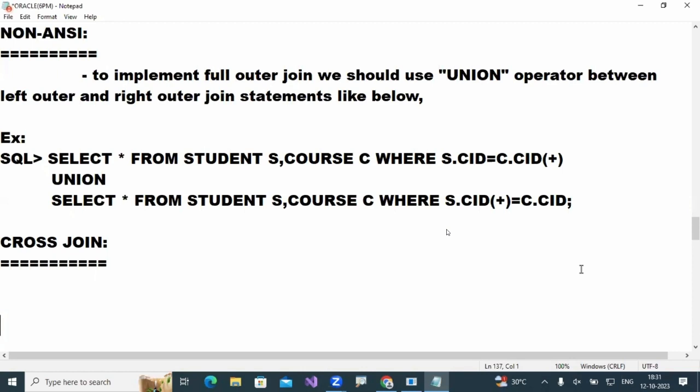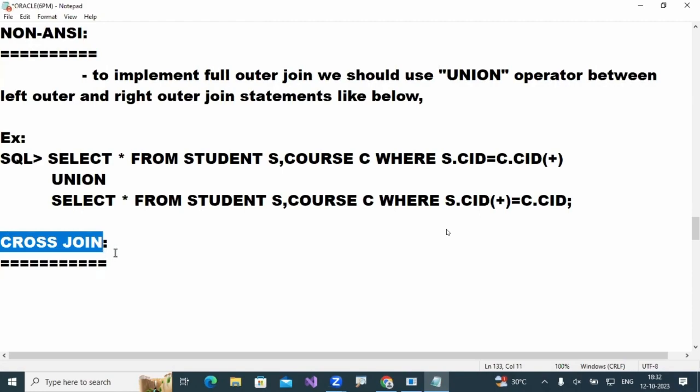So cross join is what we basically use here. If anybody asks you what is the default join of a database, if any interviewer is asking, the default join of the database is cross join.